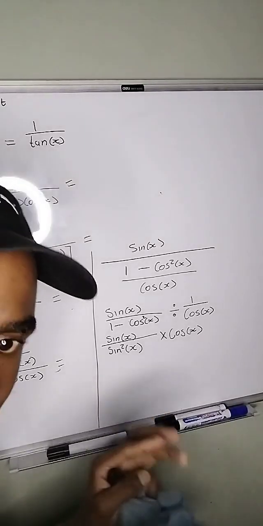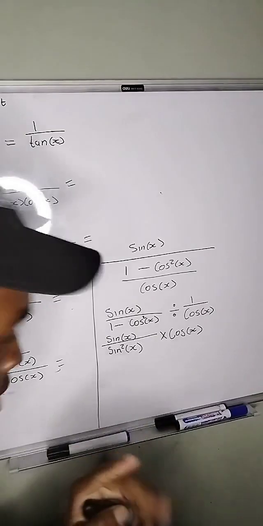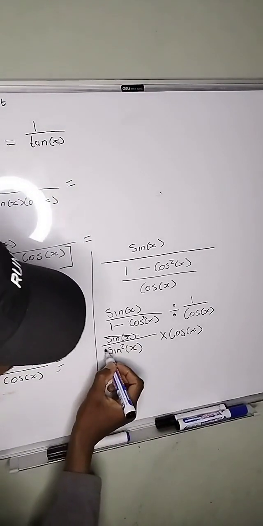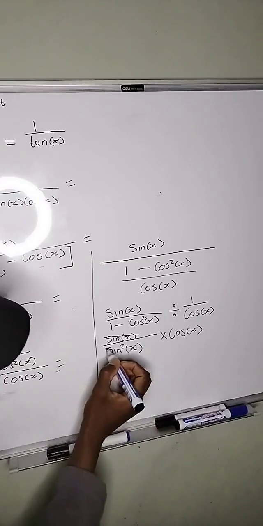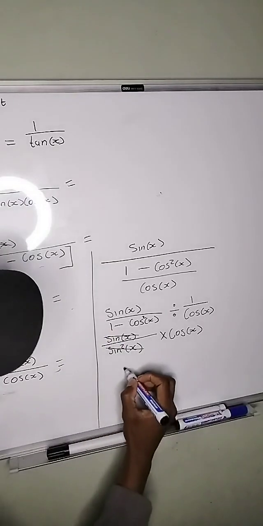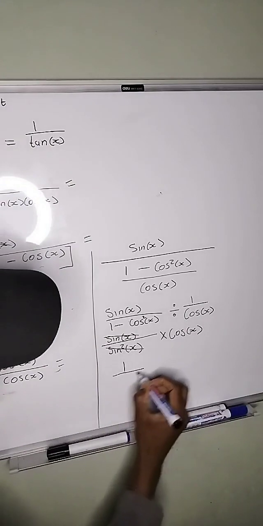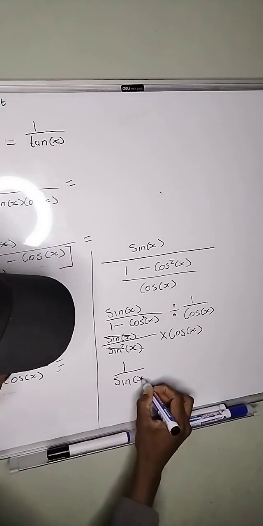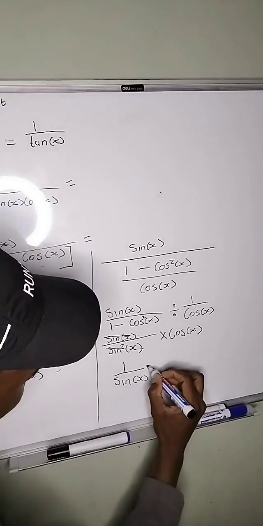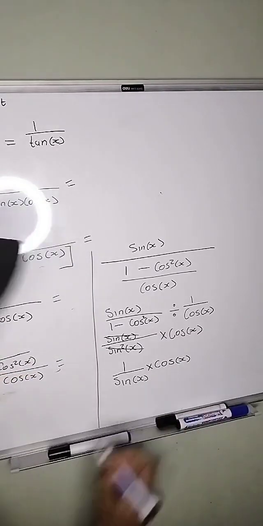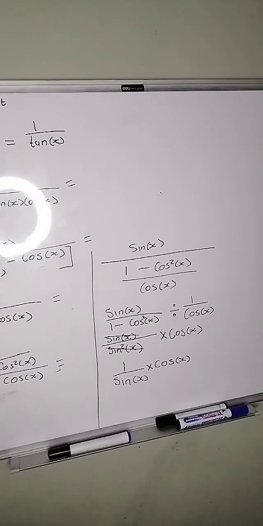No, we are not cross multiplying, guys. Yes, the answer is going to be this sine. It will cancel out one of these sines. So I'm going to be left with 1 over sine x multiplied by cos x, right?